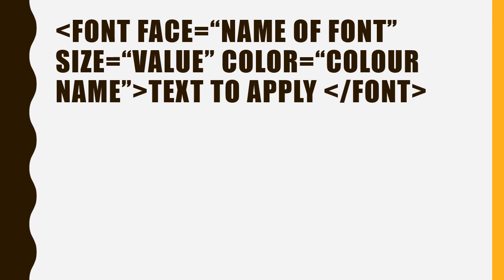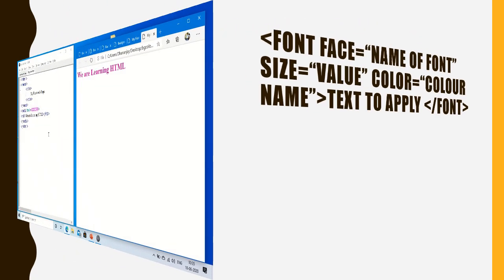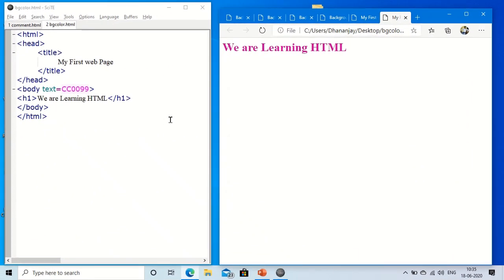The font tag is very useful for changing the font size and text color of a particular font. So let's see how to change it. If I change this text color, the color of the entire web page changes, but I want to change the color of a particular text.